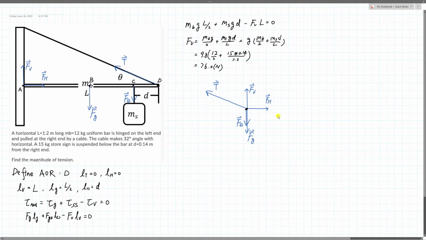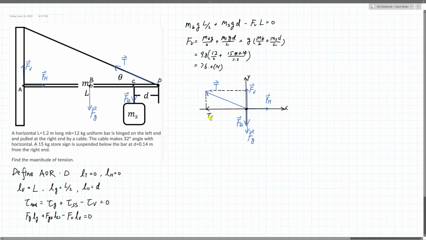So we'll do a horizontal and vertical axis. X, and the vertical axis, Y. And I can decompose this tension into Ty and Tx.